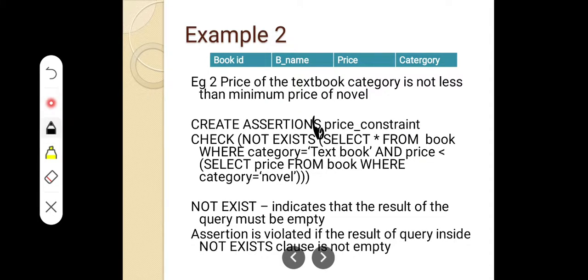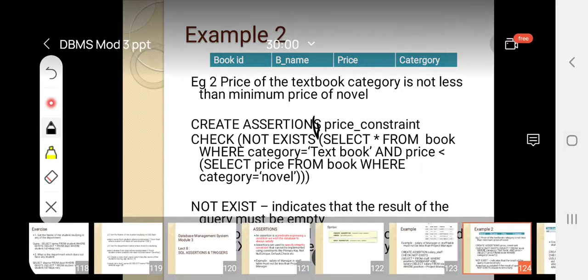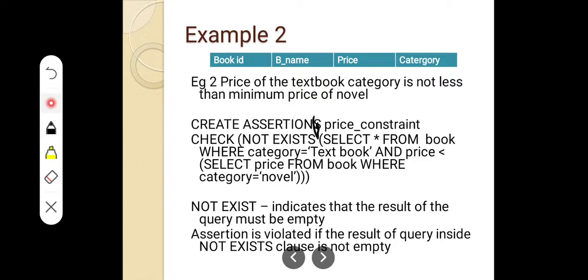Okay, so create assertion price_constraint, where price_constraint is the name of the assertion. Then I am giving the condition check. Inside check I am going to write not exists. The following condition must not exist. What is the condition? The price of the textbook must not be less than the minimum price of the novel.